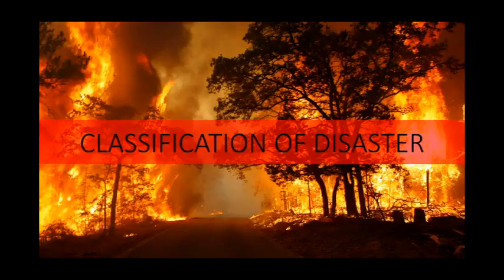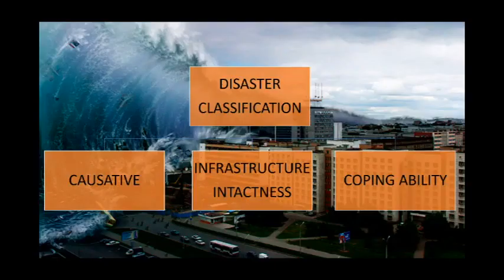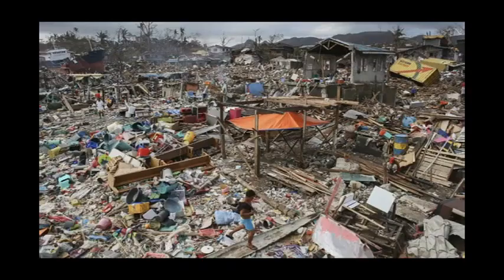Number 2. Do you know the classification of disaster? Well, you can classify disaster based on its causative agent, infrastructure intactness, and its coping ability. Let's have a look at the example and try to classify it. This is Super Typhoon Haiyan in Philippines.